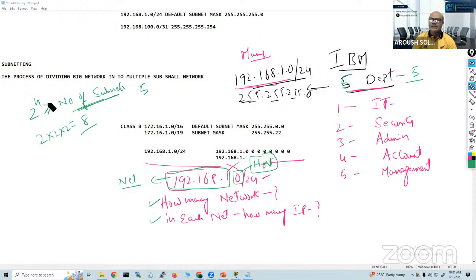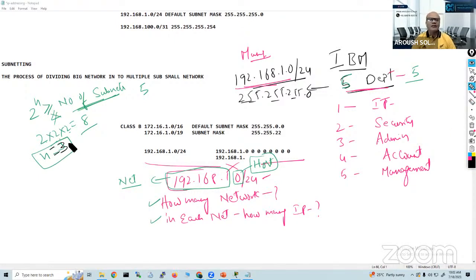The condition is it should be greater than or equal, not less than. What is the n value now? The n value became 3. You understood?